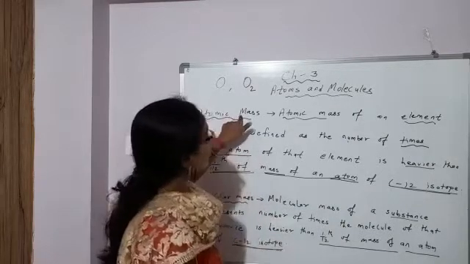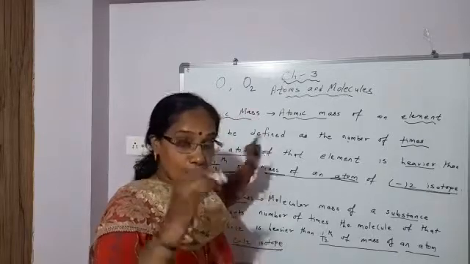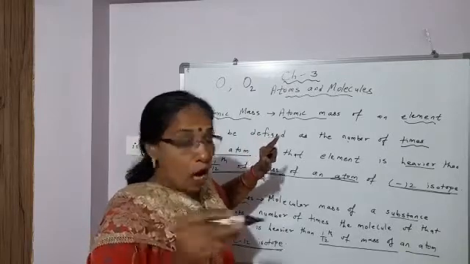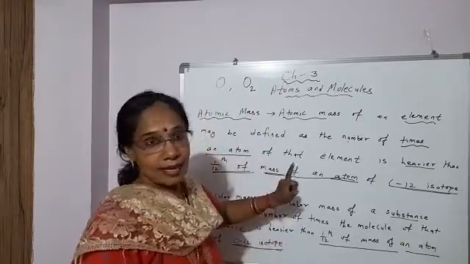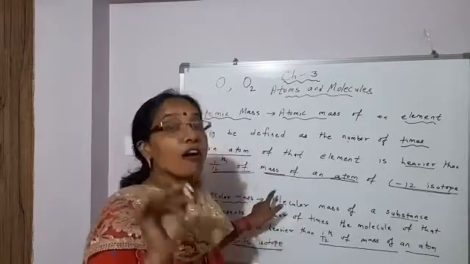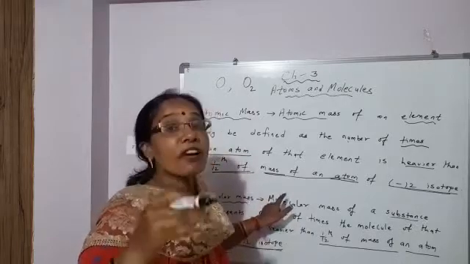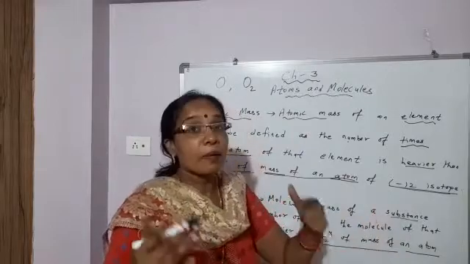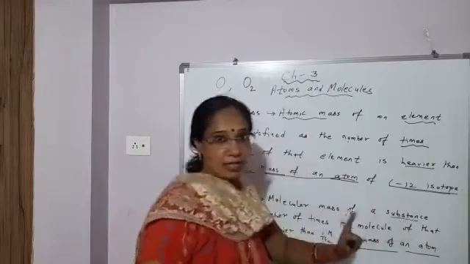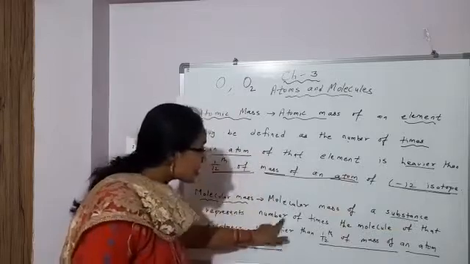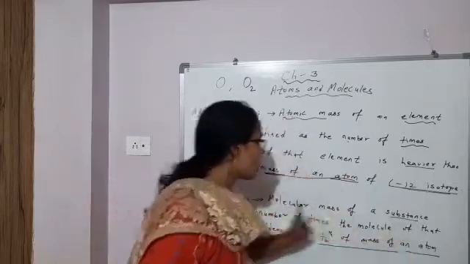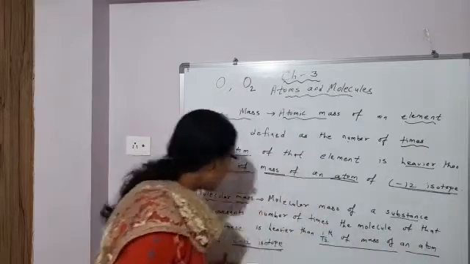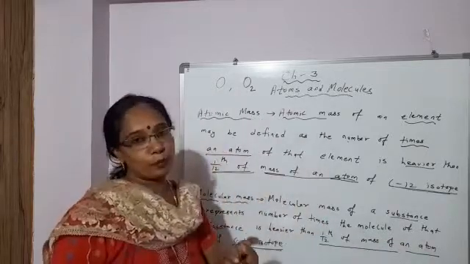Now if you are going to find out the atomic mass of an element, we will find out how many times it is heavier than this, and molecular mass you will not find of an element, but of a substance. It will be a molecule. Molecular mass of a substance represents the number of times a molecule of that substance is heavier than 1/12 of the mass of an atom of carbon 12 isotope. Okay.